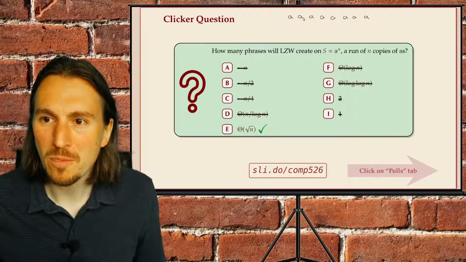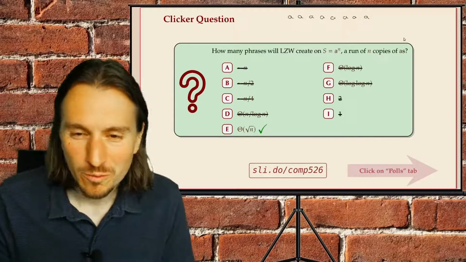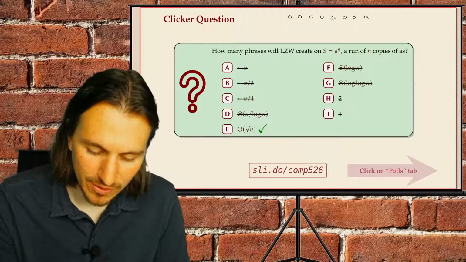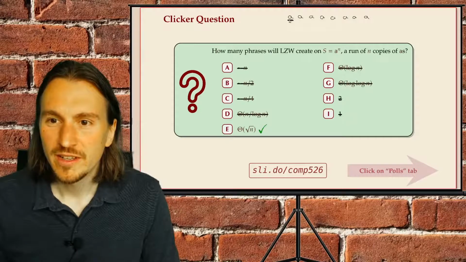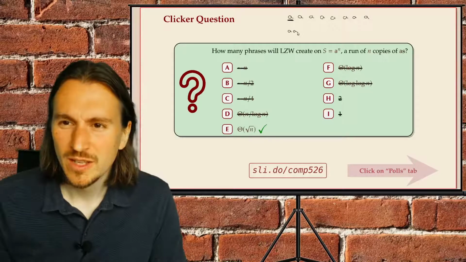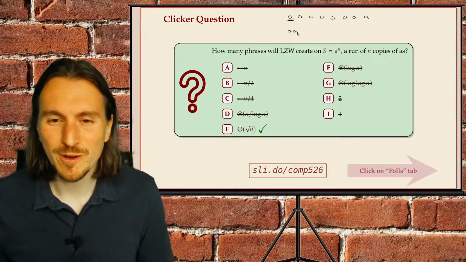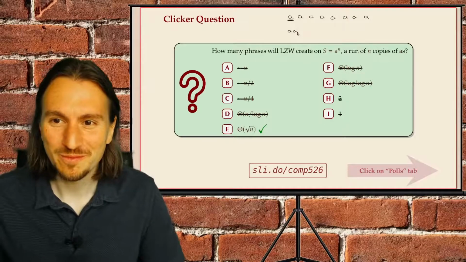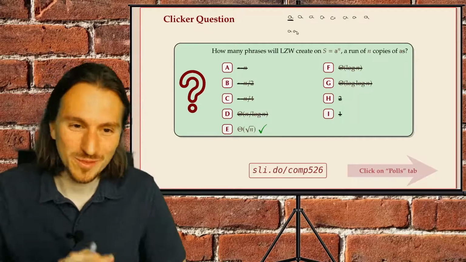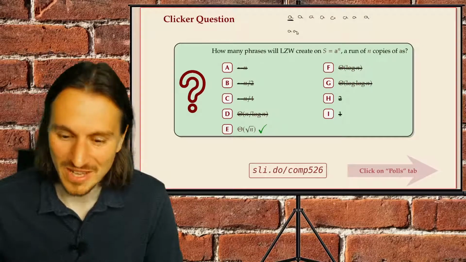When we start, the dictionary only contains the single characters, so we would encode this as a phrase, and we would add AA to the dictionary. We would always be in this weird bootstrap case for this example. So in the decoding phase, we would always need this special case, but that's beside the point.